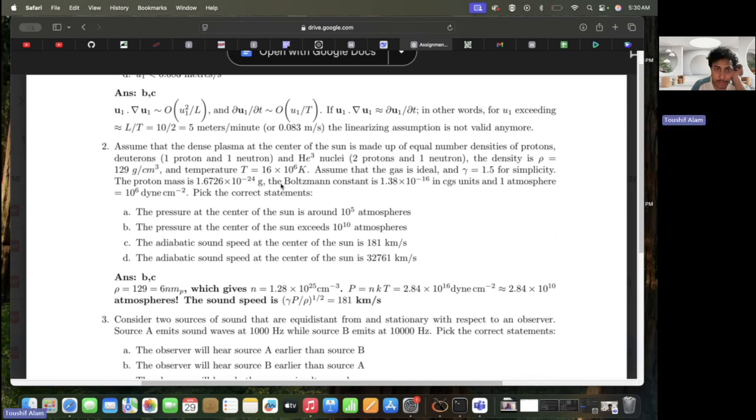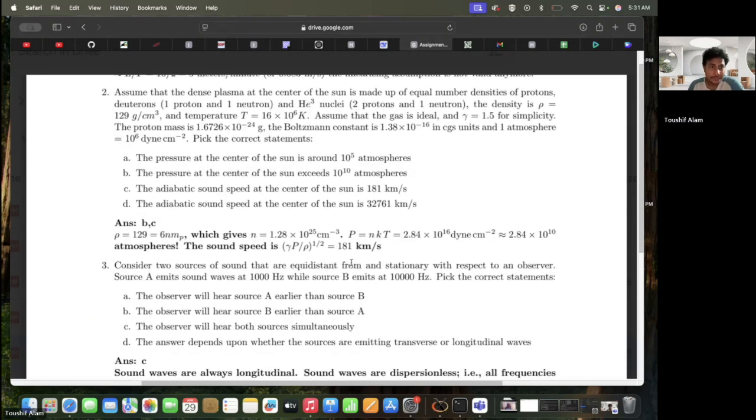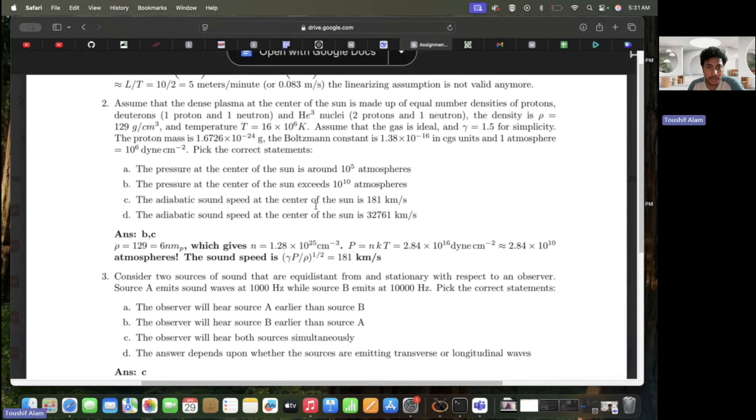And p is equal to nkT, which gives the value of p in dyne per centimeter square. If you convert that to atmosphere, we get 2.84, because one atmosphere is 1.013 times 10 to the power 6 dyne per centimeter square. The sound speed, gamma p by rho to the power half, is 181 kilometer per second. Option B and option C both are correct.